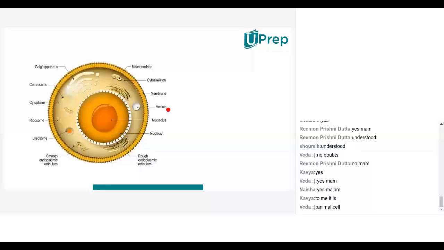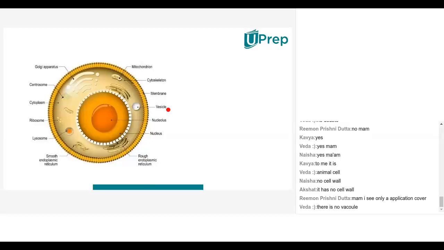Ma'am, because it has no cell wall. No cell wall. Okay. Other than that, here the cell wall is not labeled, but just seeing the picture itself, you can conclude whether it is a plant cell or animal cell. I gave a very important discrimination.